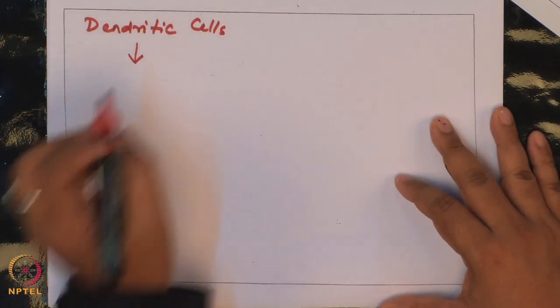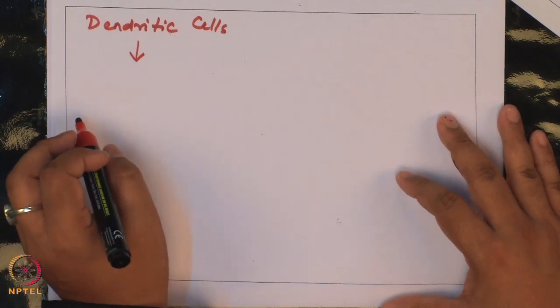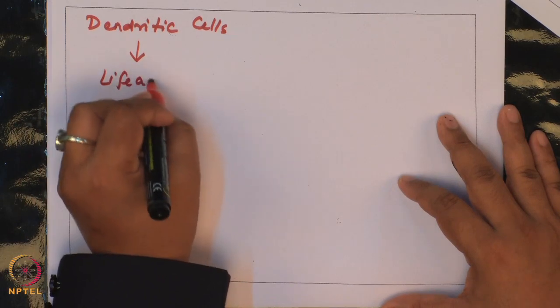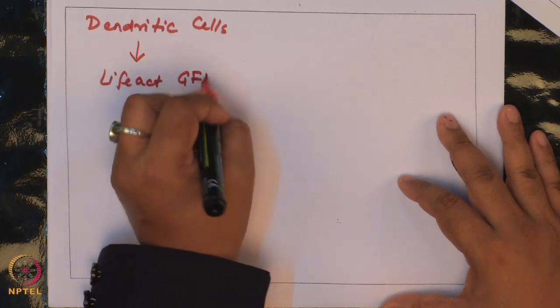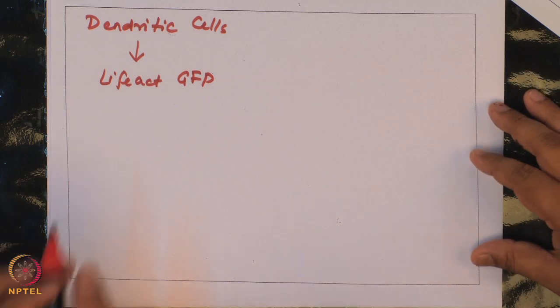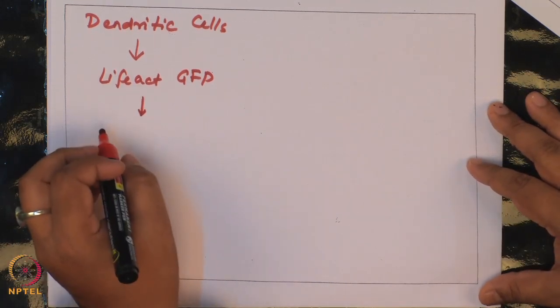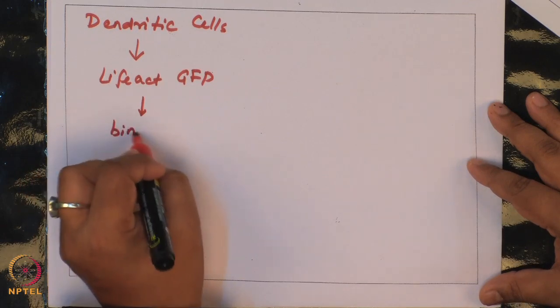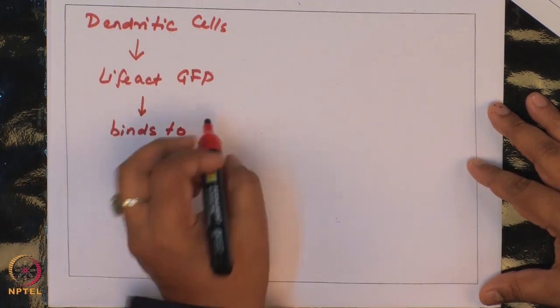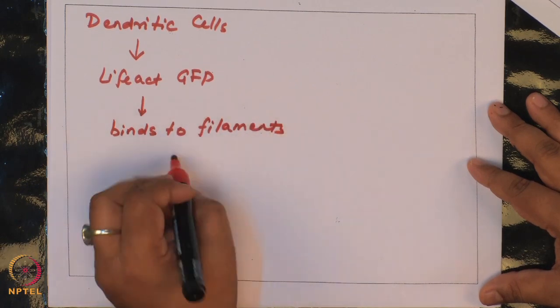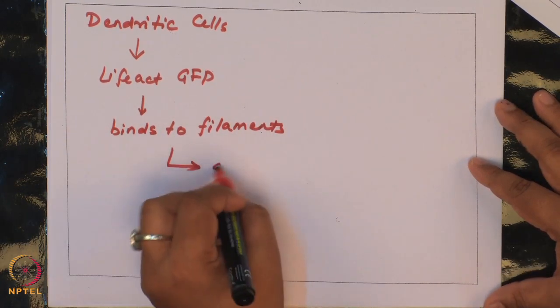these were transfected, okay. These were transfected with LifeAct GFP. So, LifeAct is an entity which binds to filaments. So, as a consequence you can track the dynamics.